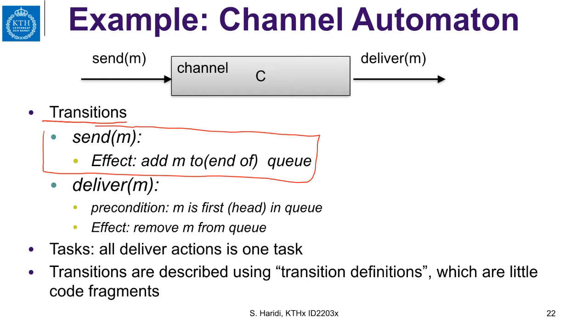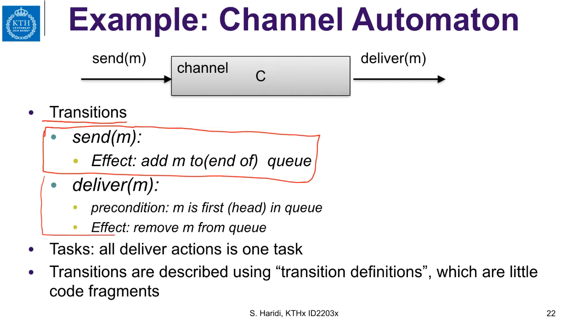It looks like a procedure, but actually it defines a set of transitions. So we have one transition called send(m). This transition is the action performed when the input automaton performs the send action.